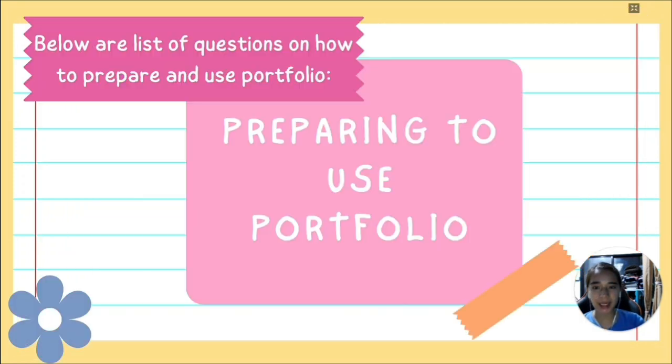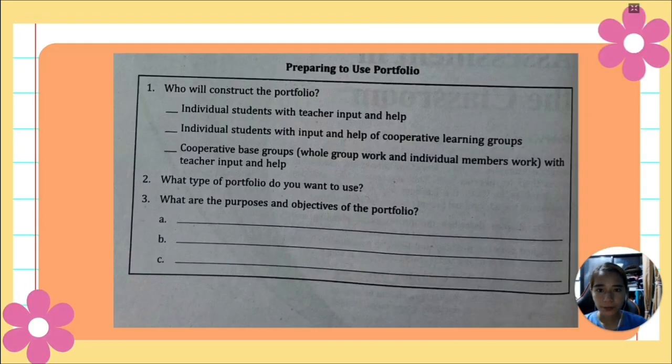So here is a list of questions on how to prepare and use a portfolio. These questions can be your guide or direction in preparing to use a portfolio. First, we will construct the portfolio.